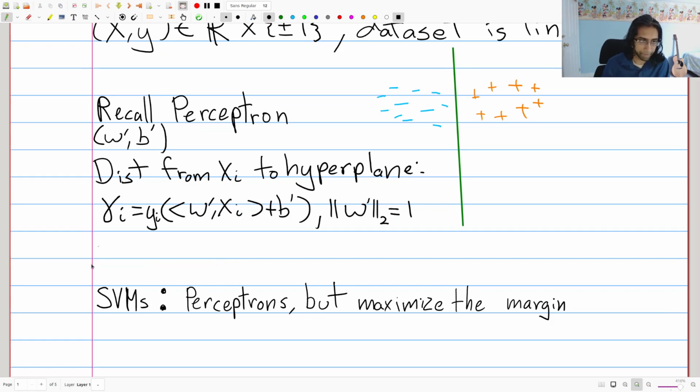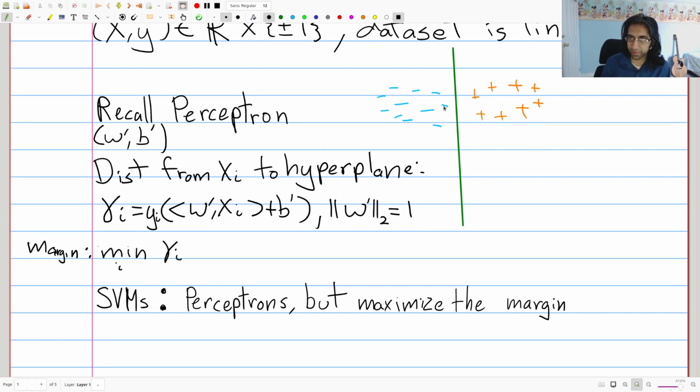Assuming all the points are classified correctly, the margin is going to be the min over all points of gamma i. So this is the margin. Essentially, it's the closest point.